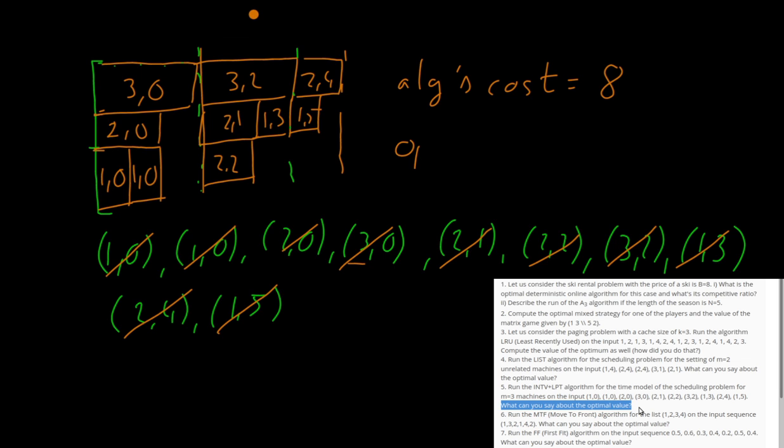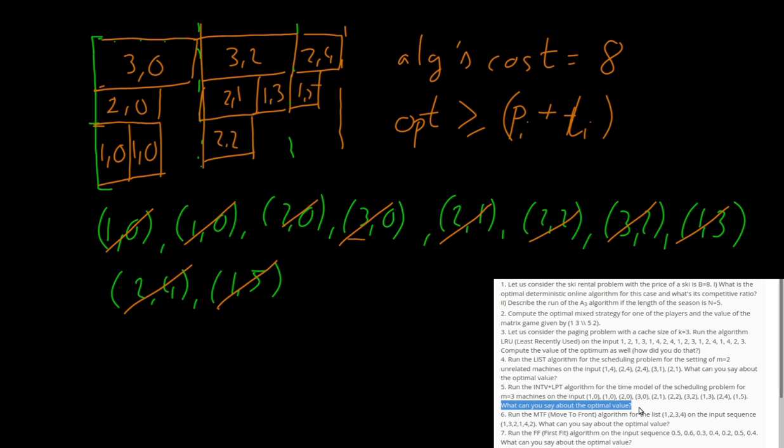Now for this it's enough just to consider that the optimum, L star, is at least as large as the processing time plus the starting time. So it's just at least as large as the maximum of these values.